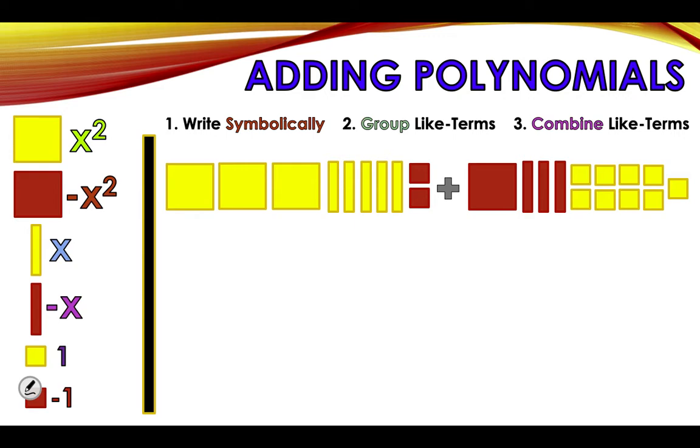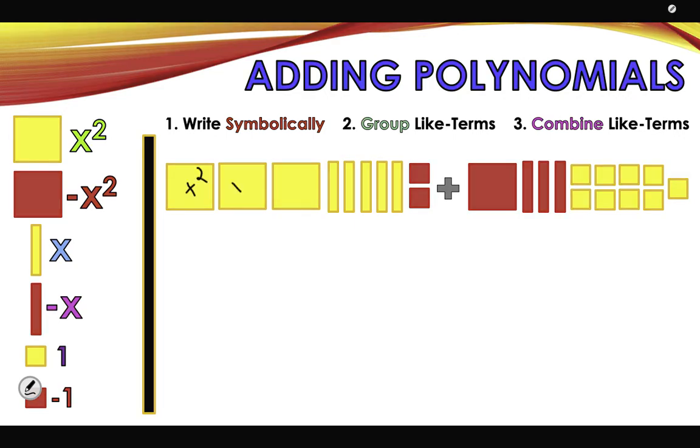Let's do another example. In this one, we have 3 of those x squared blocks. I have 5 x blocks, and I have 2 negative 1 blocks.